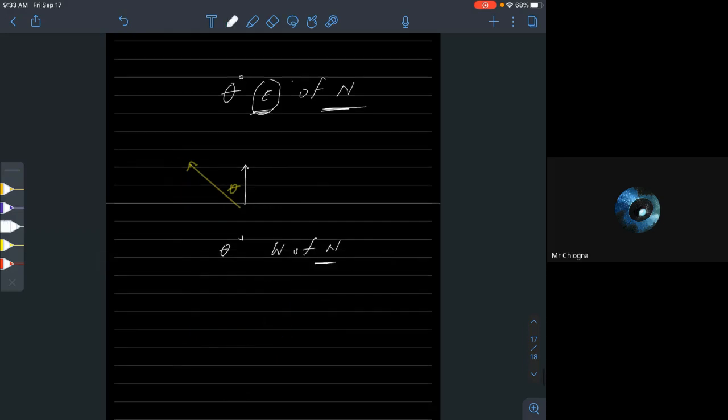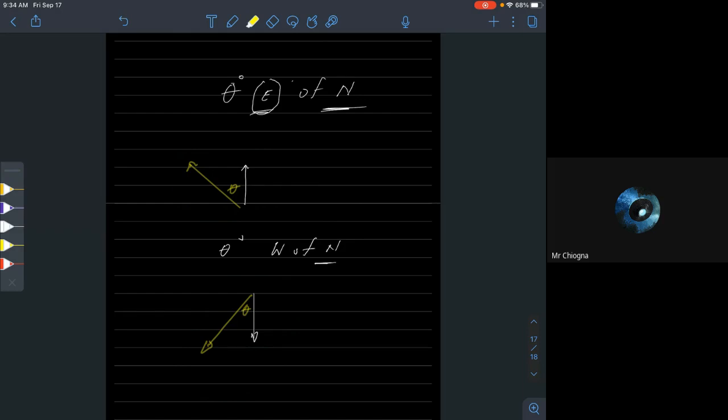Okay. So let's do this. Where do I draw the angle? What's the rule? At the tail. Always at the tail of the resultant. Tail of the yellow arrow.